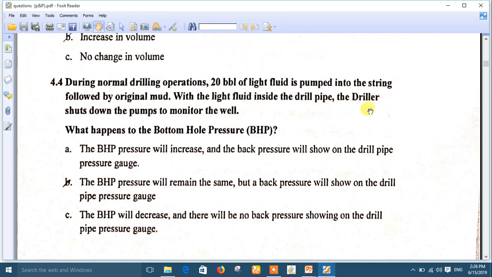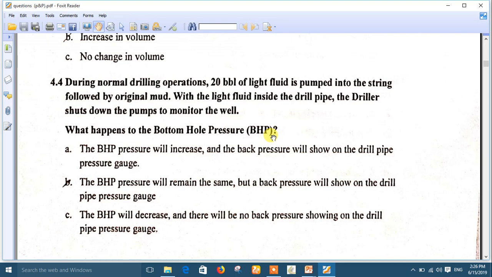The driller shuts down the pumps to monitor the well. What happens to the bottom hole pressure? As I told you, the pressure in the annulus must be the same as in the drill string. So the bottom hole pressure is the same.